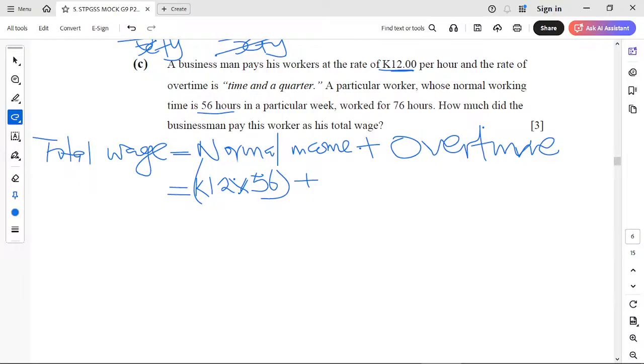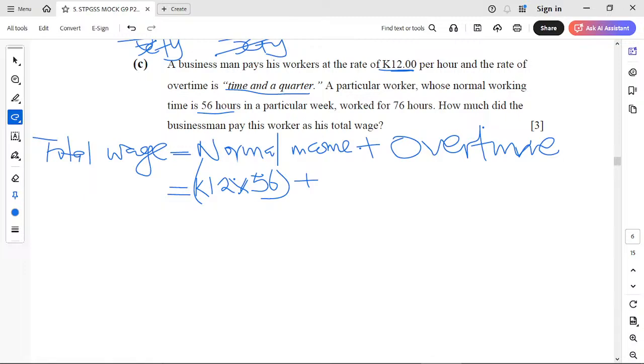We're told overtime is time and a quarter. This means that for overtime, they add only a quarter of the normal charge per hour. So what is a quarter of 12? When you divide 12 into 4 equal parts, it gives us 3. So 3 plus 12 gives us 15.